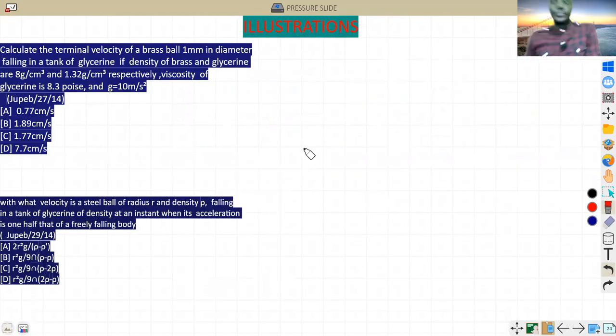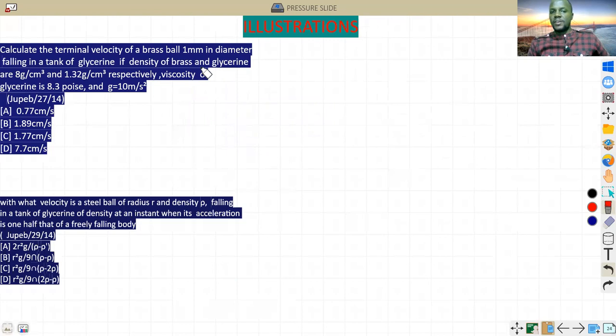In this slide, I think according to the team that prepared it, we have two illustrations to solve, because this is the end of the slide. The first one says we are to calculate the terminal velocity of a brass ball 1 millimeter in diameter falling in a tank of glycerin.